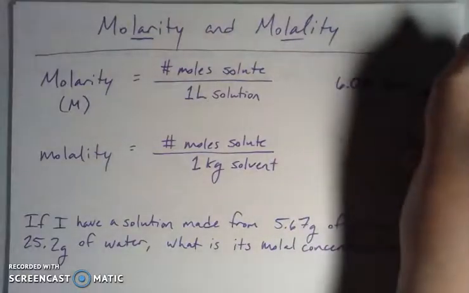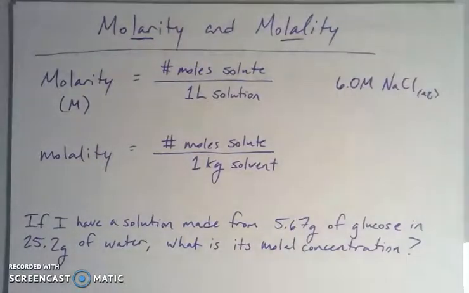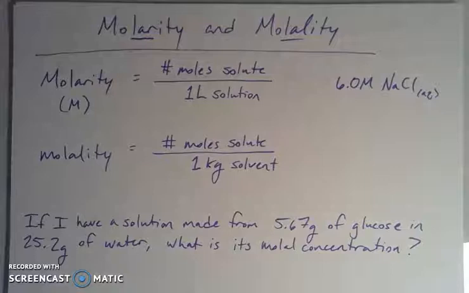So this would probably be an aqueous solution, and we would indicate that the solvent there is water by saying that it's aqueous. It could be dissolved in something else, but let's just for our purposes go with that. Now molality, the mole part implies that we're still dealing with moles, and anything dealing with a how much or how many kind of question, scientists, especially chemists, think about things in terms of moles.